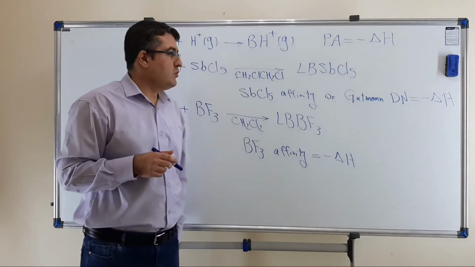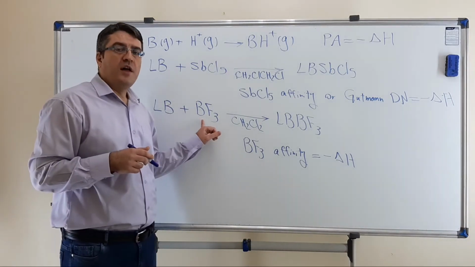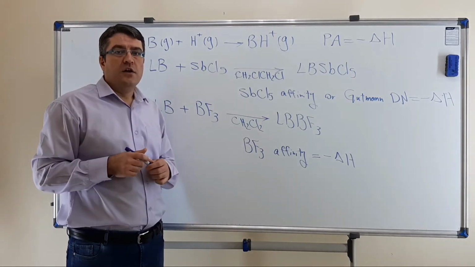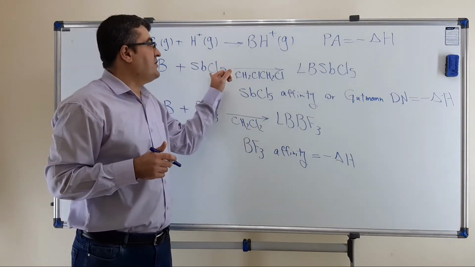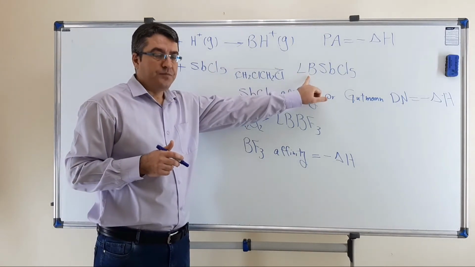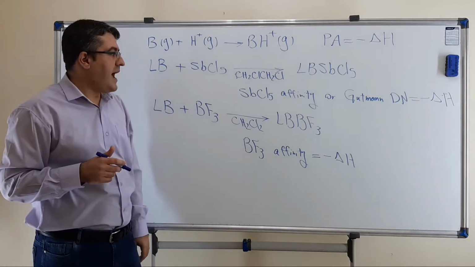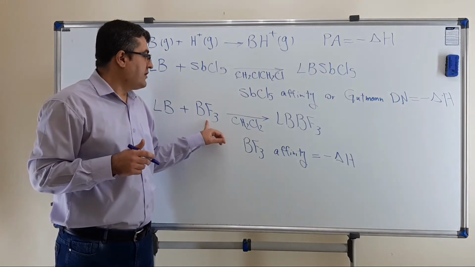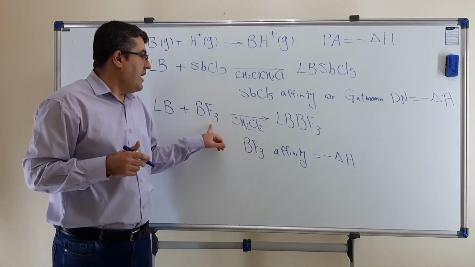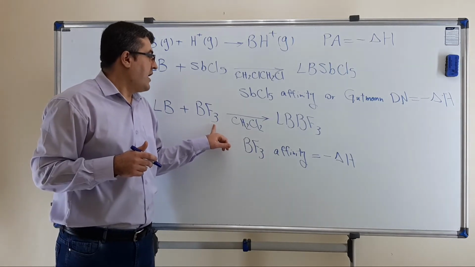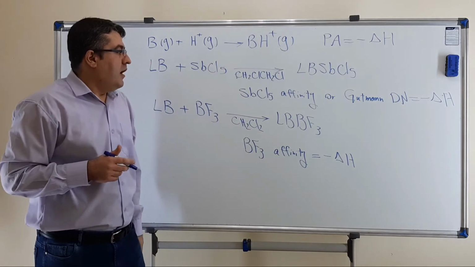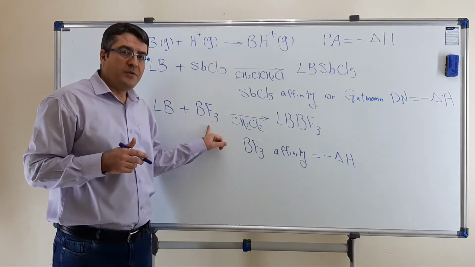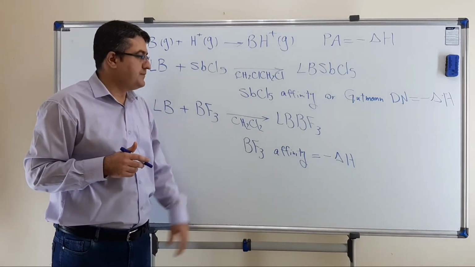But it can be argued that this scale, boron trifluoride, doesn't have many of the flaws or disadvantages of the other scale. For example, boron trifluoride has much fewer electrons than antimony pentachloride, so it is much more ideal for quantum chemistry calculations.